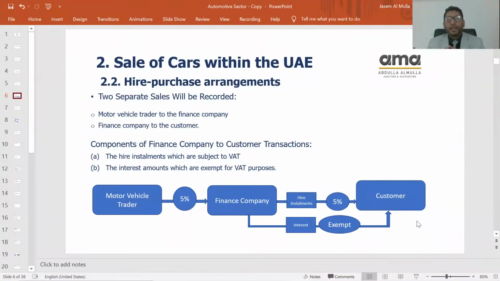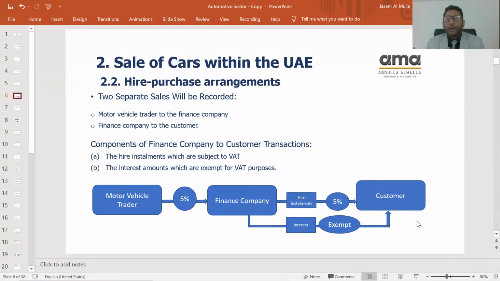The first transaction is quite simple. The motor vehicle trader will charge the VAT to the finance company on the total value of the supply. But the second transaction is quite complicated. There would be two components of that transaction. The first one is the hire installment, and the second one is the interest, you can say the finance charge.